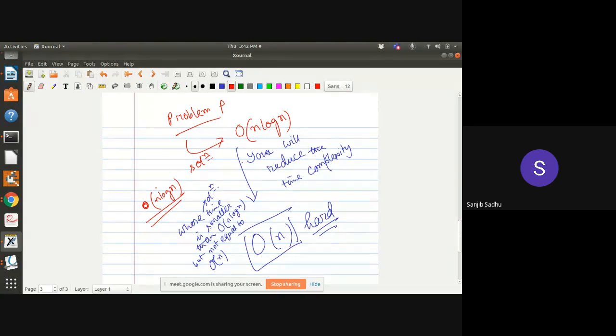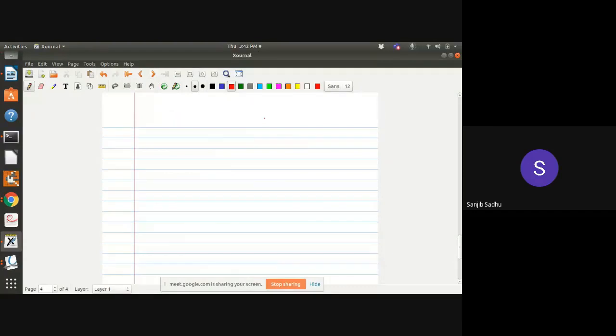Another example: you have a problem and a solution big O of n square, and you are trying to reduce it, but you are not getting big O of n log n. Suppose you have obtained big O of n square root of n. Now, instead of big O of n square root of n, you can write this is small o of n square.